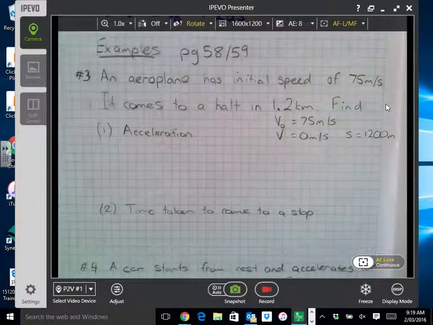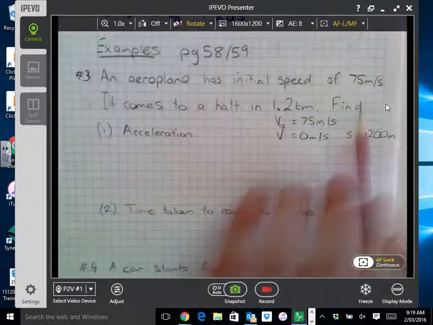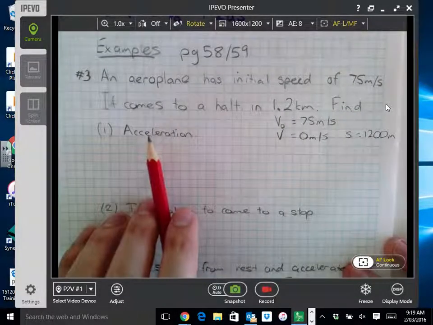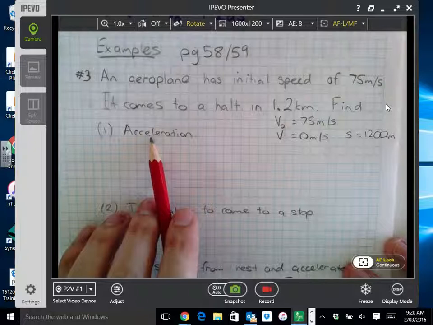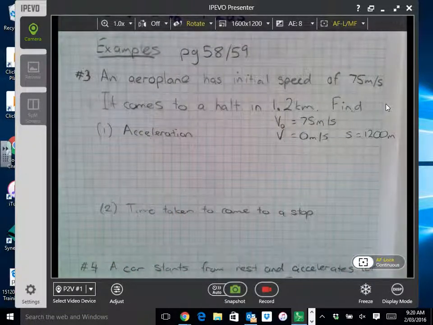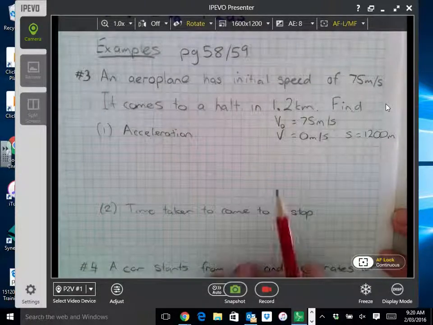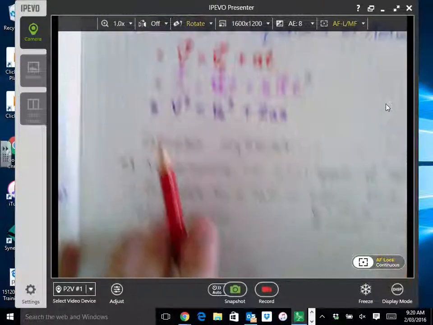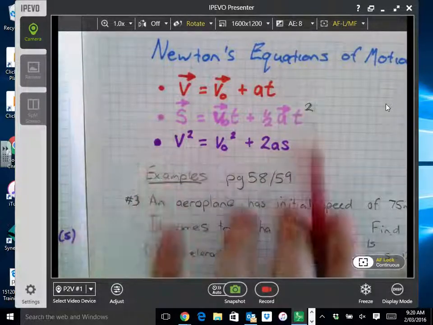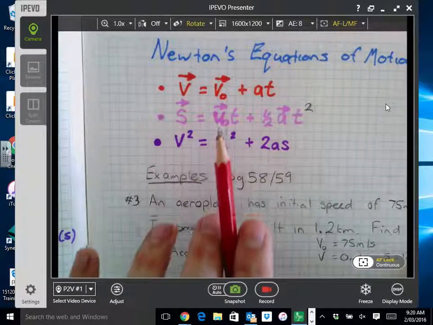That's important when you start rearranging and solving for the unknown, because the first question is actually finding acceleration. Acceleration is in meters per second squared. So if you mix up your distance units, kilometers with meters per second, you're going to come up with a unique unit for acceleration that's not common. So remember standard international units, particularly when you start mixing around with equations with all sorts of different variables.